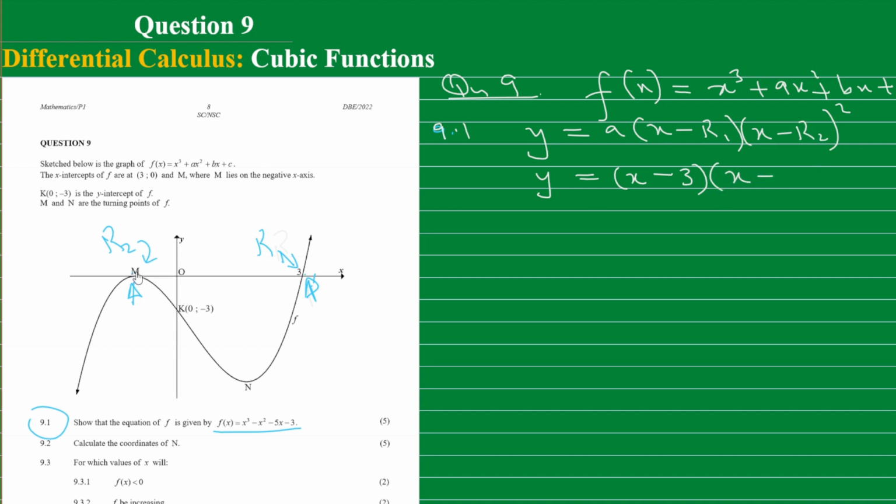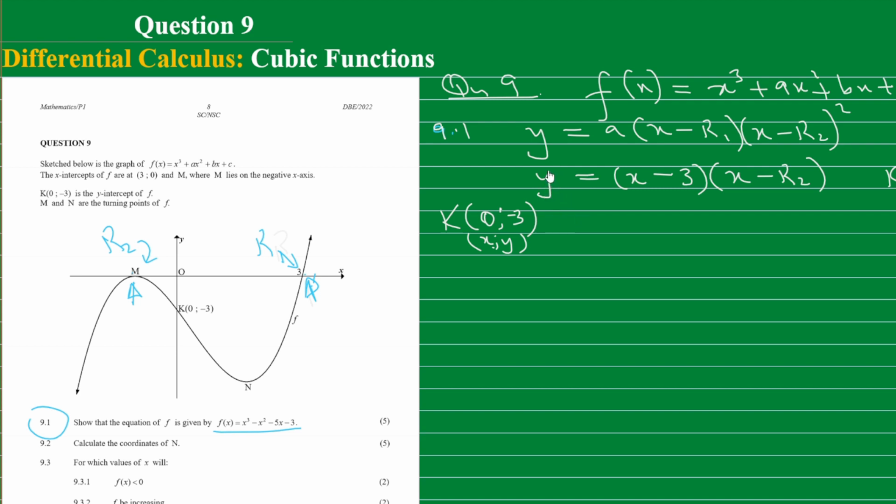Now we don't know the root here, so let us keep it as r2. And then we are given this point k, 0, negative 3. That means that our y is negative 3 and our x is 0. So these are our x, y coordinate values.